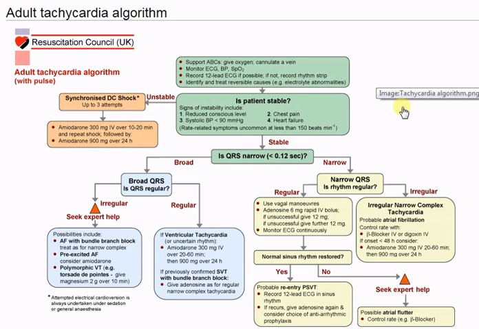And then you need to look at the situation of the patient. Is the patient stable or unstable? Signs of instability include, first, you see the patient has a reduced conscious level.